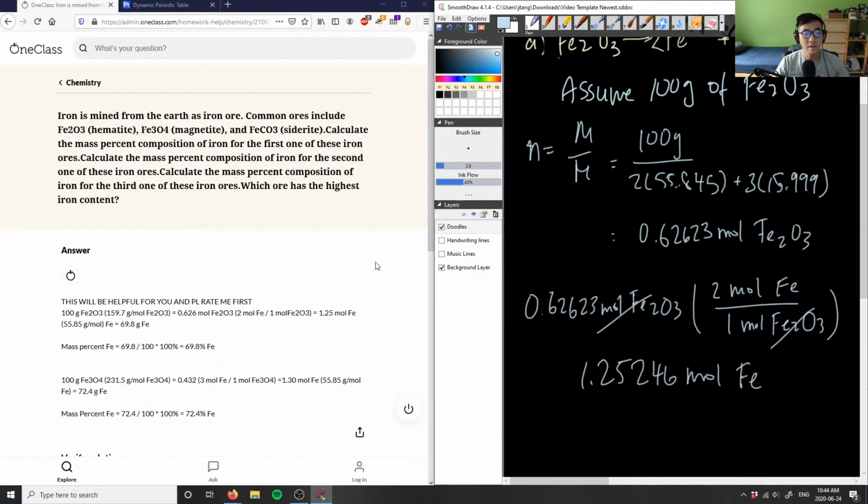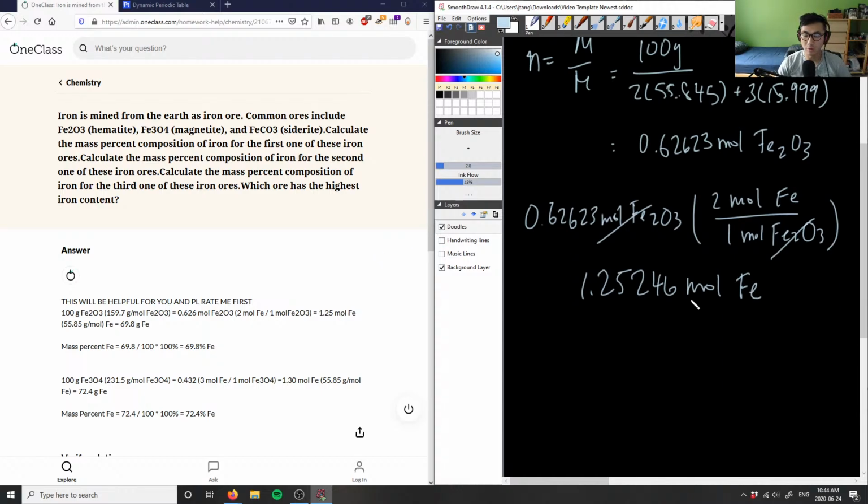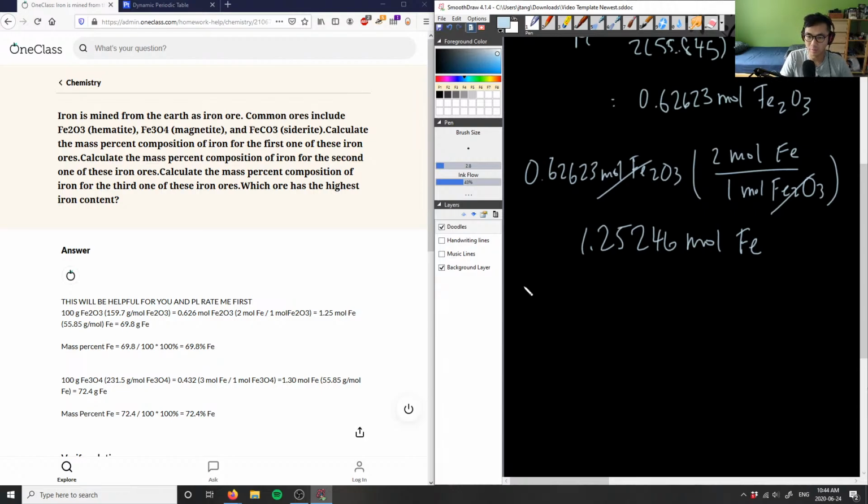Now what we can do is convert this back into our mass and then calculate the mass percentage, right? So we have moles here, want to go back to mass. So if we want to figure that out, we have moles equals mass over molar mass, which means mass is equal to moles times molar mass.